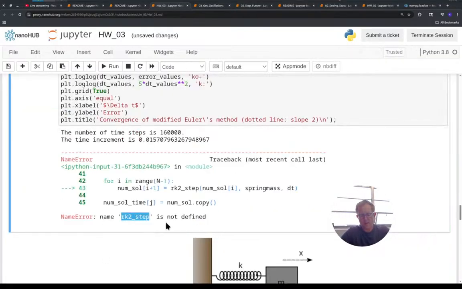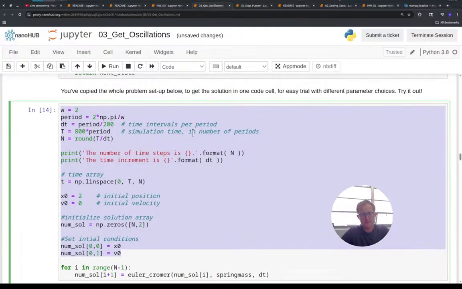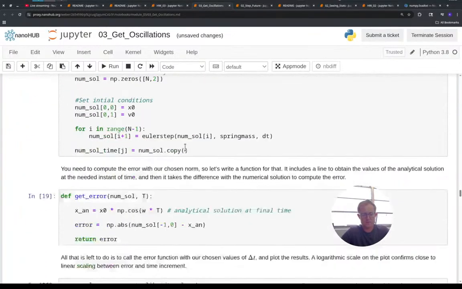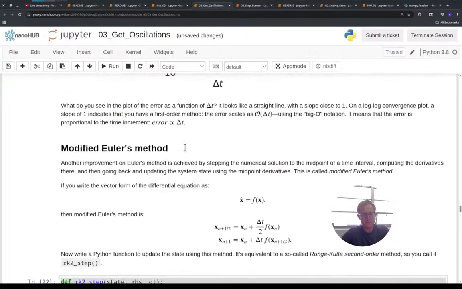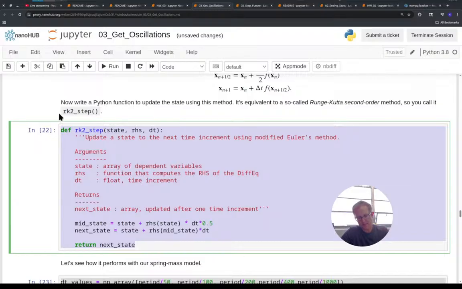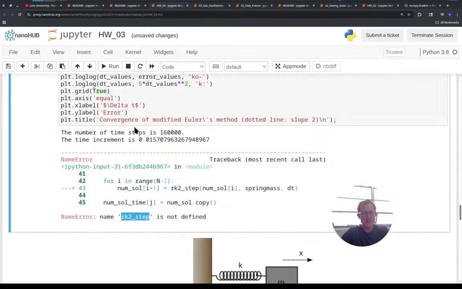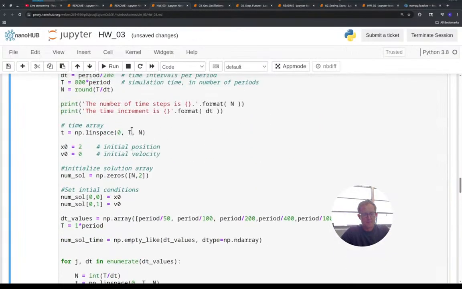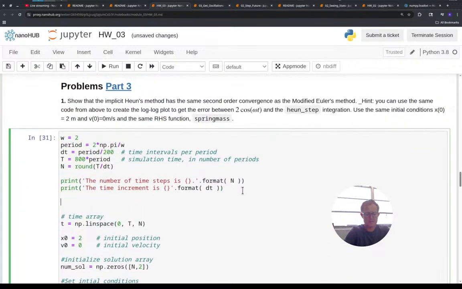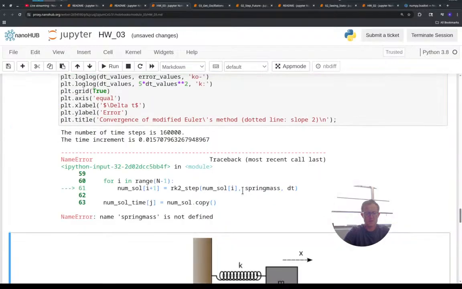And now RK2 step is not defined. All right, well, that was that function that returns the next time step solution. So I'll come back down, and I was about to copy it, but no, I'll wait for the error to happen. Well, spring mass is not defined.